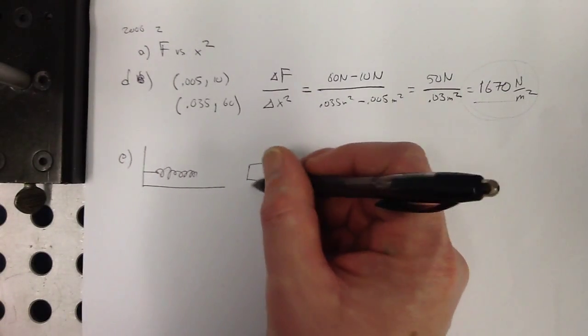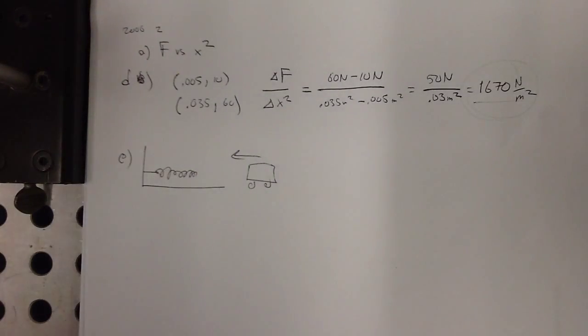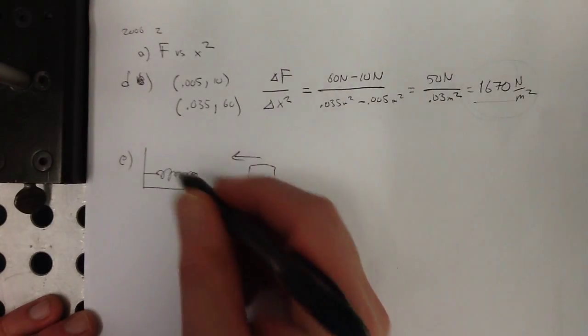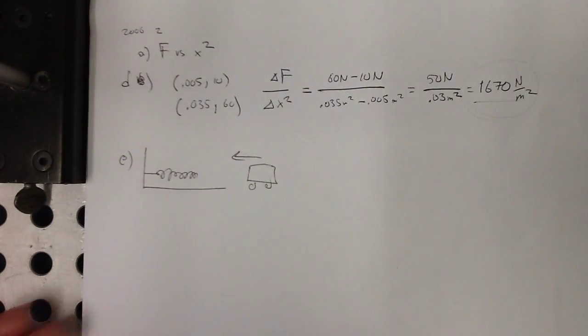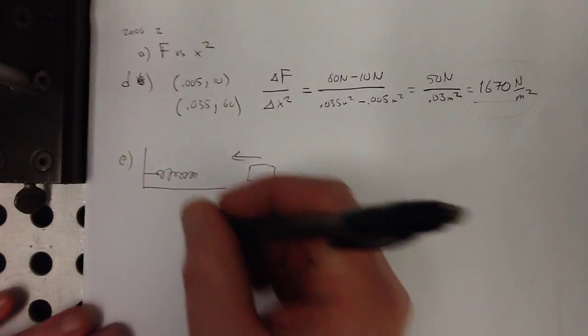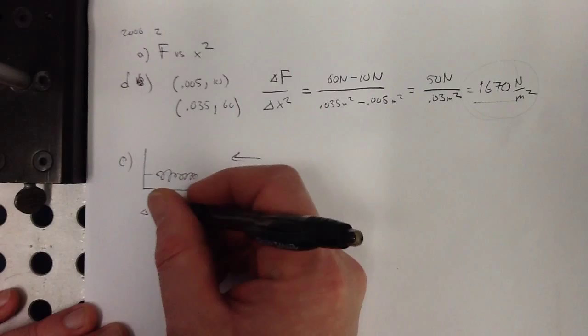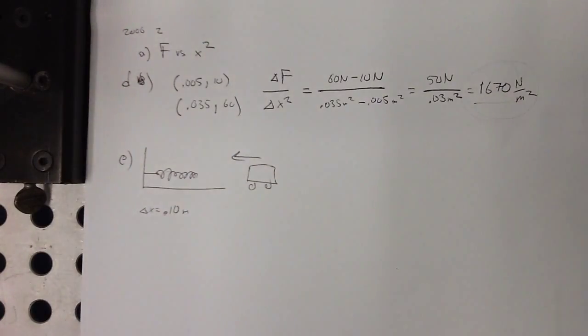So I get a cart coming in this way, and it collides head-on with the spring, compressing it a maximum distance of 10 centimeters, right? That's the compression there. I'll call that delta x.